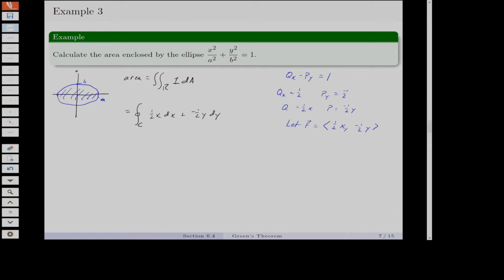Okay, and if I'm looking at this, when I think about parameterizing an ellipse, I might say, oh, this is very circly. I might be tempted to convert things to polar.